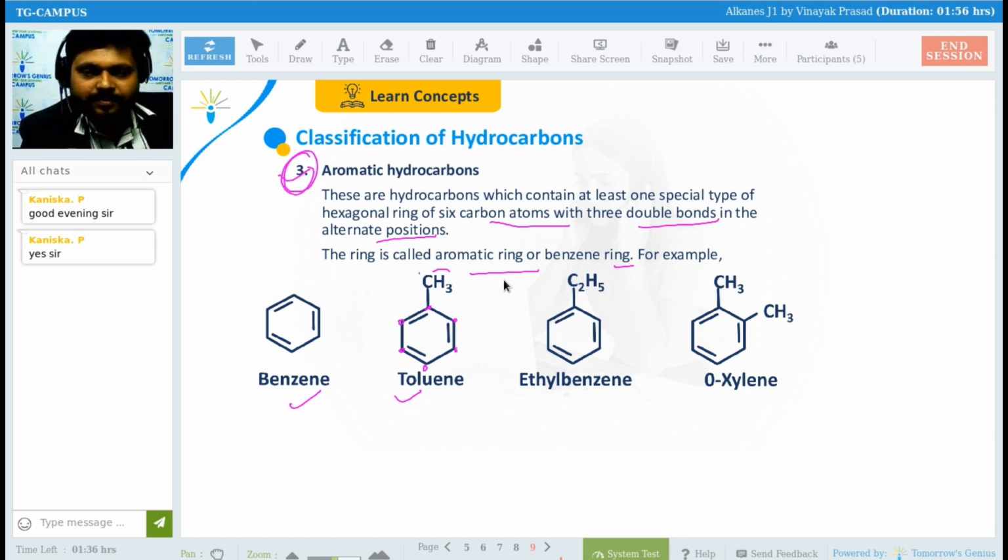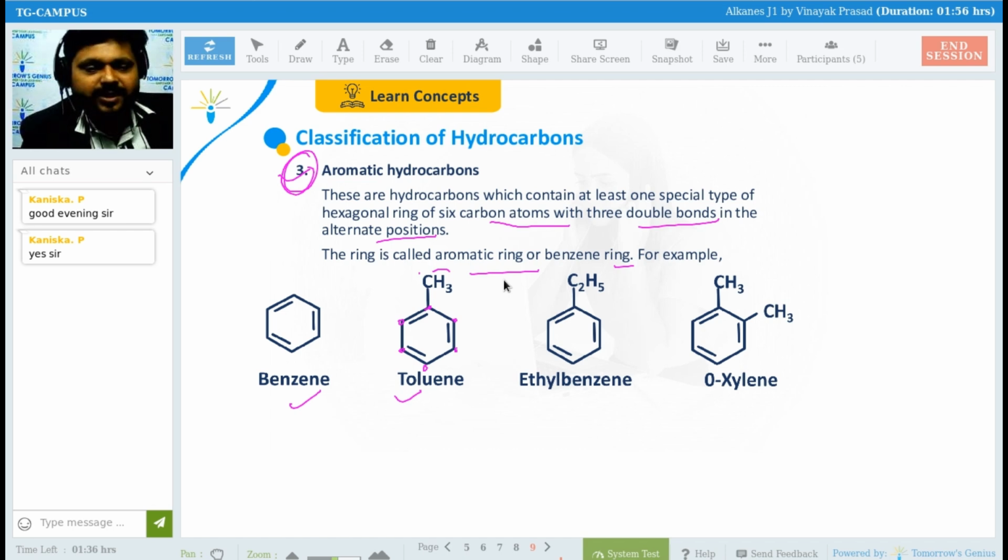At your house, your mom might be calling you Kaniska or Kannu, but when you go to school, it is Kaniska with whatever surname you have, right? Is it okay? So toluene is that pet name, calling name, right? But the IUPAC nomenclature of toluene is something different.